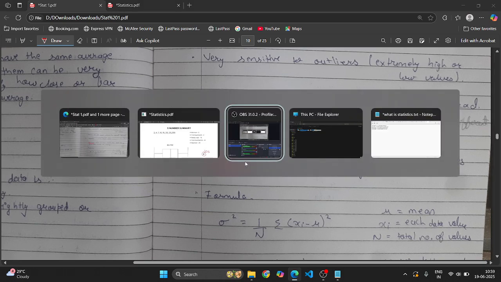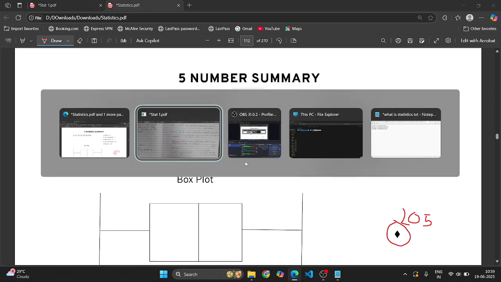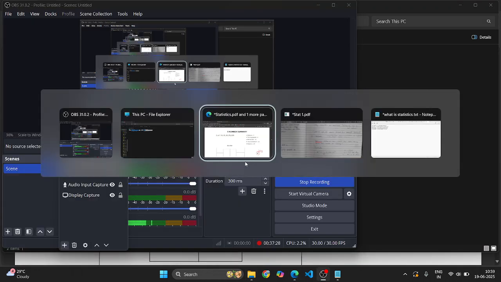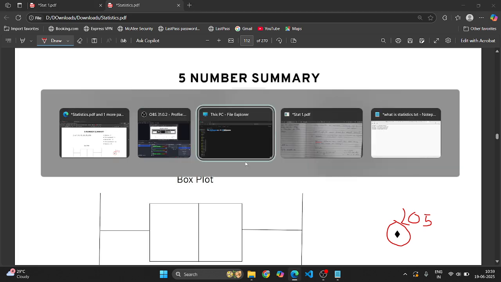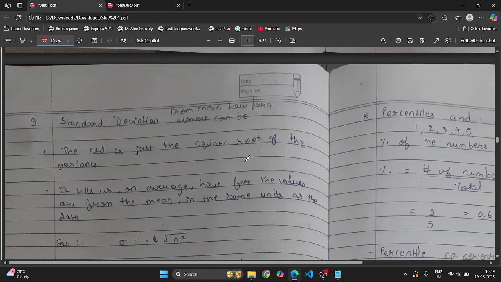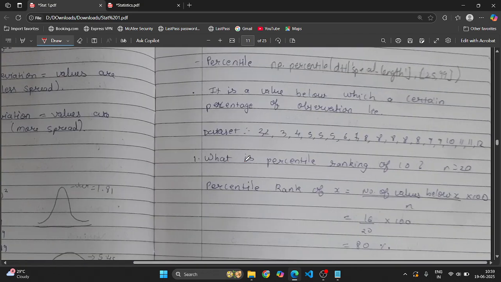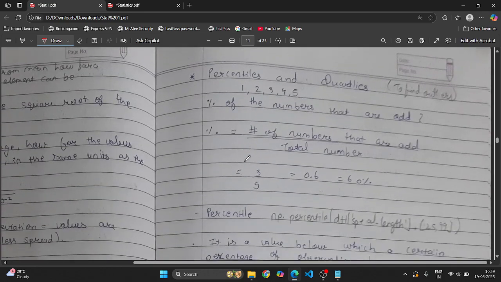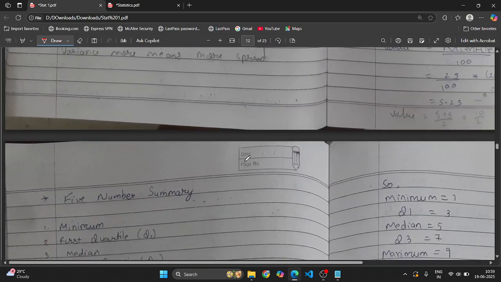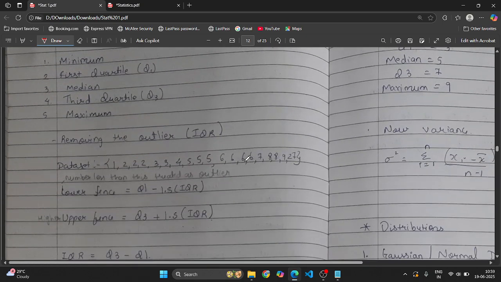In the next lecture we can cover it because time is over for this lecture, I think. So we will cover variance and standard deviation, and percentiles and quartiles in the next lecture. The five number summary we have covered in this lecture.